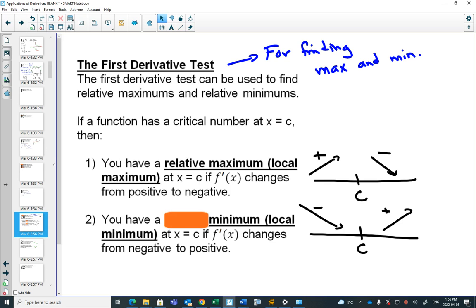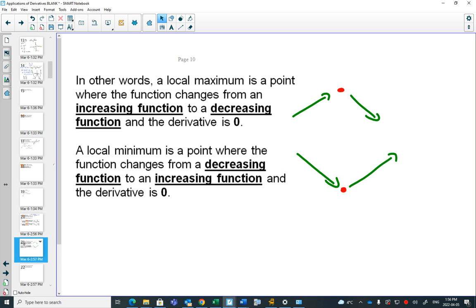If your derivative changes from negative to positive at that point, you'll have a minimum. And this is called the first derivative test. So we wrote it in other words, if it changes from increasing to decreasing, that point's obviously a maximum. If it changes from decreasing to increasing, that point is a minimum.